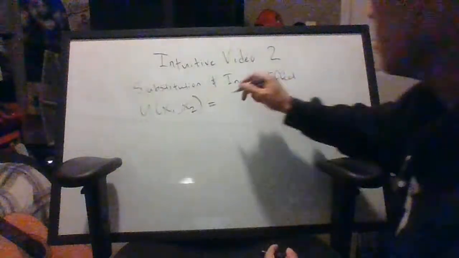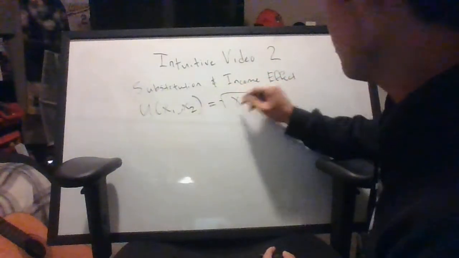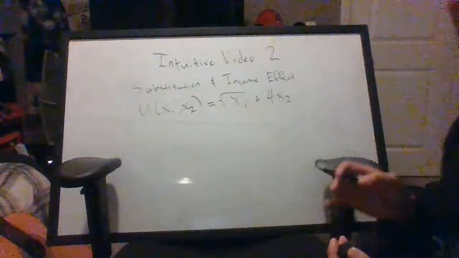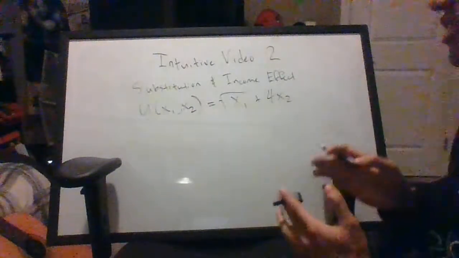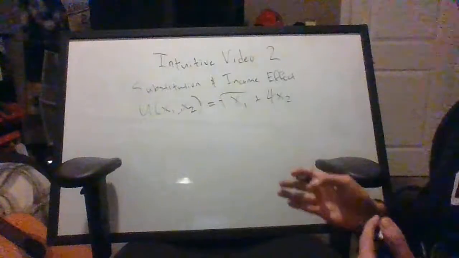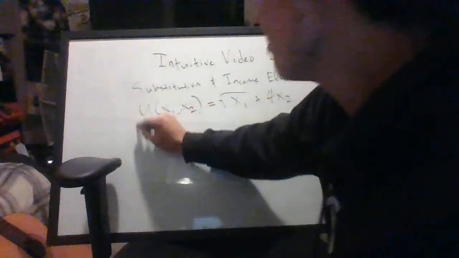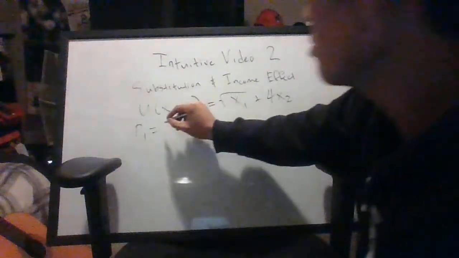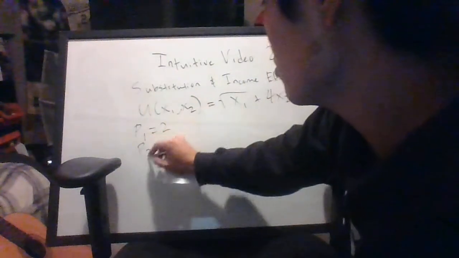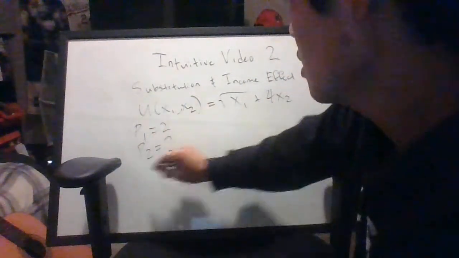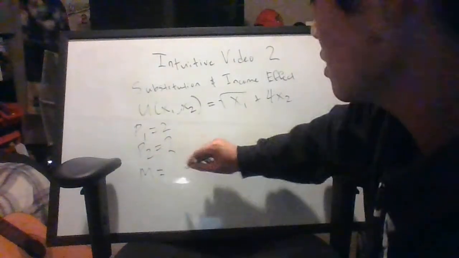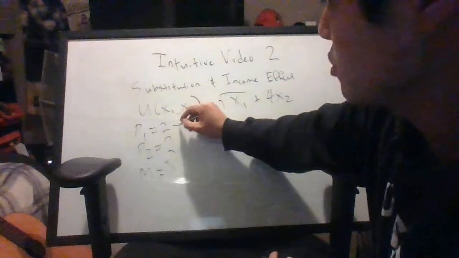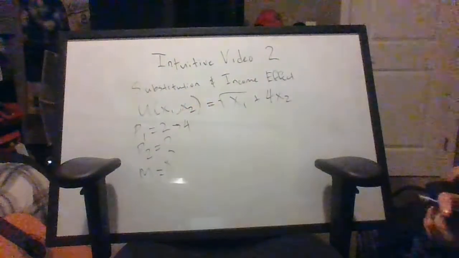So let's say that it's the square root of x1 plus 4x2, right? And I'm coming up with these numbers, and I haven't tutored in a while, so hopefully these numbers work out okay. And let's say that P1 is equal to 2, P2 is also equal to 2, and let's say that M is equal to 8, and let's say that P1 jumps from $2 to $4, okay?